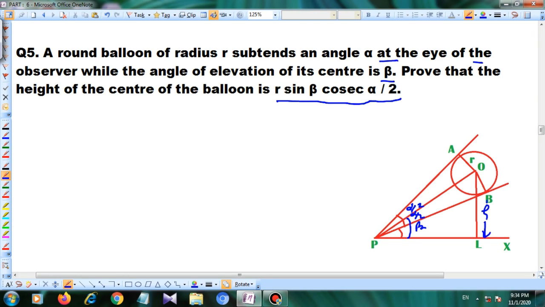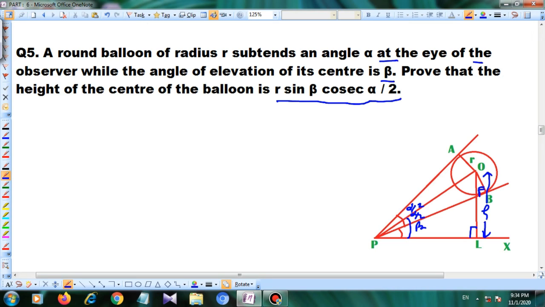We have to find the height of the center of the balloon from the ground. So the height of the center, suppose h. Now in right angle triangle PBO, this will also be a right angle triangle, right?